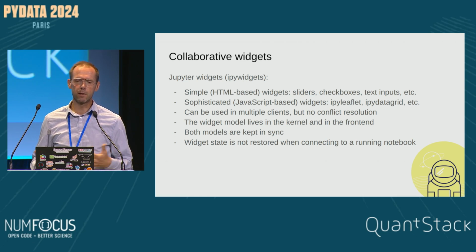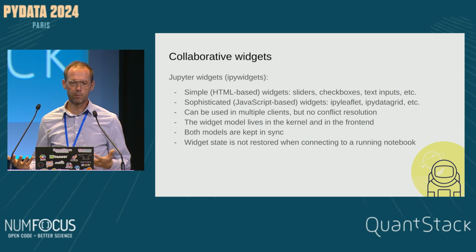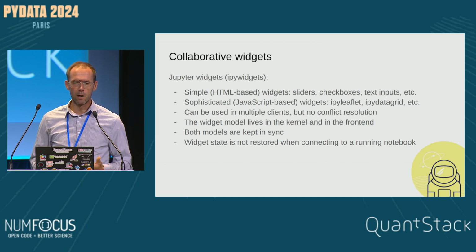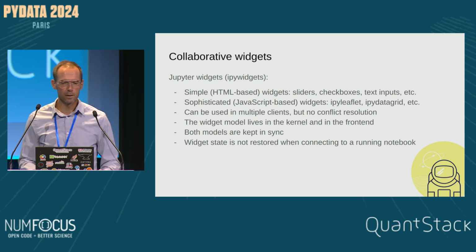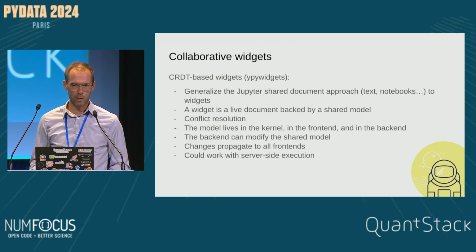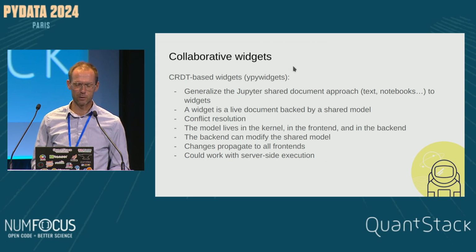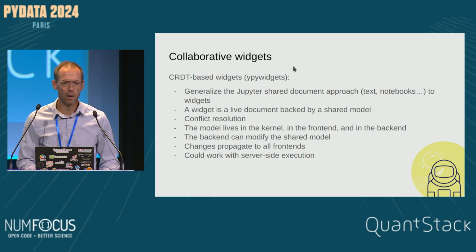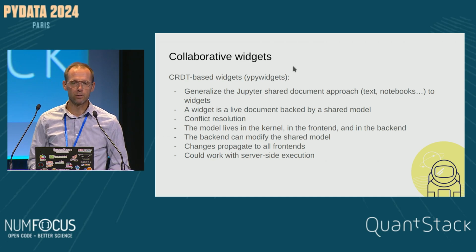The widget models live in the kernel and in the front end. Both are kept in sync, but you cannot, for example, restore the state of the widget if you disconnect your front end. We have a new implementation which is kind of ironically called YPyWidgets because it's using YJS. That would allow to do that.